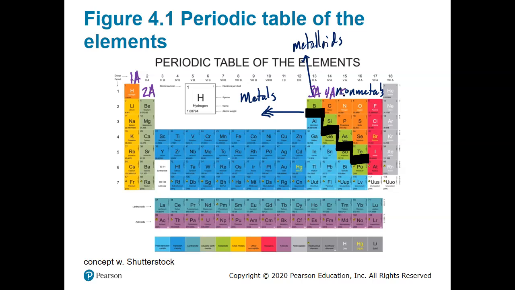So what I want you to do is label those 8 big columns, not the ones in the middle, but those 8 big tall ones, from 1 to 8. 1A, 2A, 3A, 4A, 5A, 6A, 7A, and 8A. That is the CAS numbering system at work here. And when we reference families, we're going to make reference to its CAS number group.